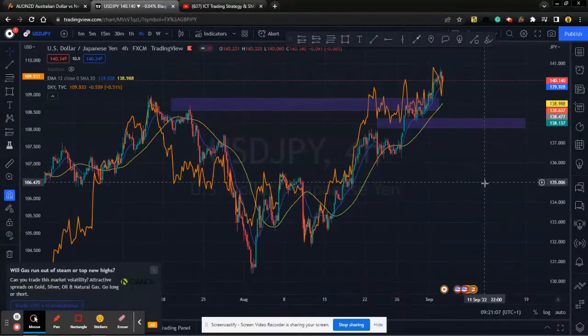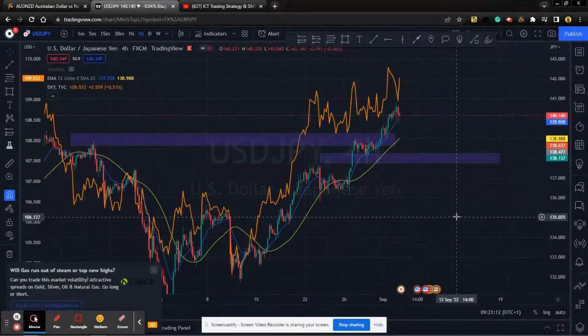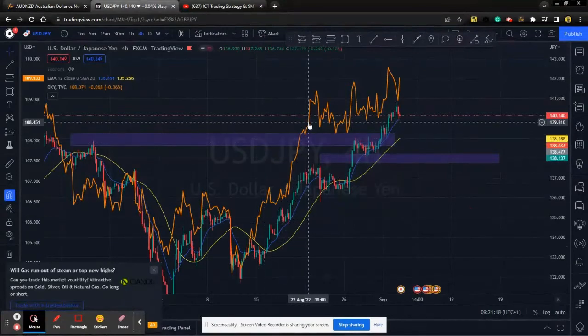If you see these two pairs, they are very correlated. If the market goes up, the same thing happens on the dollar index.